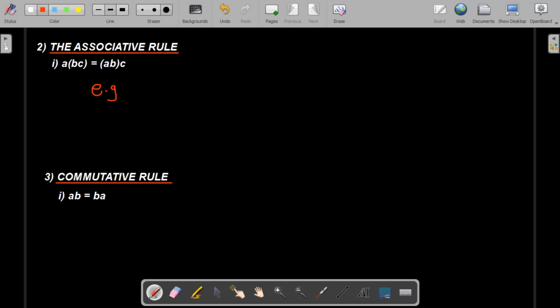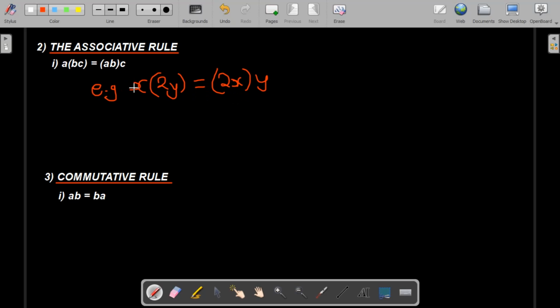For example, if you have x, and then open bracket, we have 2y in the bracket, and then we close. If you have something like this, it's the same as writing 2x in the bracket, and then close, and then y at the end, meaning we are multiplying what is in the bracket with the term which is outside.